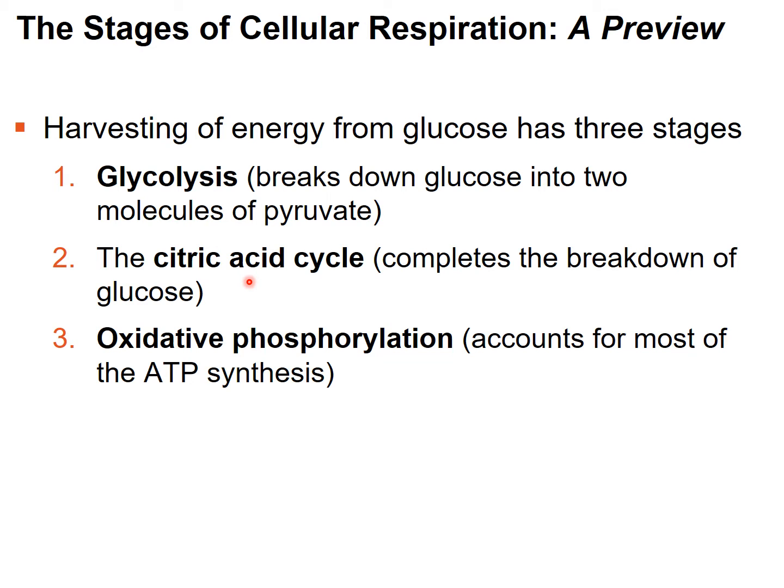The citric acid cycle actually completely breaks down the glucose molecules. So glycolysis is like the partial breakdown, basically the splitting of glucose. The citric acid cycle results in basically no more glucose. And then the final step is oxidative phosphorylation. This is where the majority of the ATP for the cell is made under aerobic conditions.